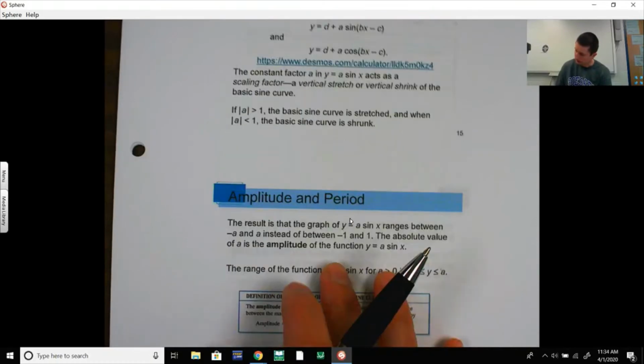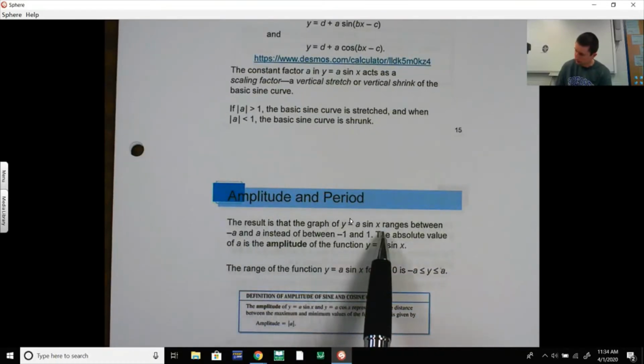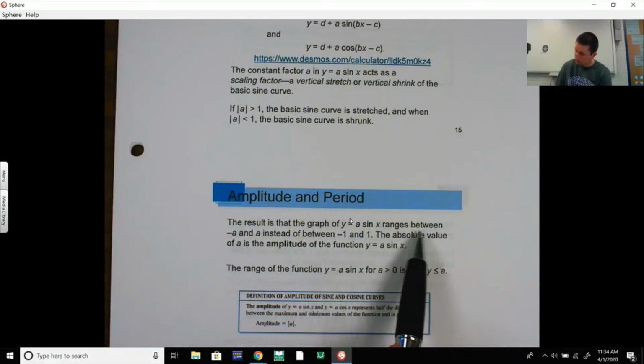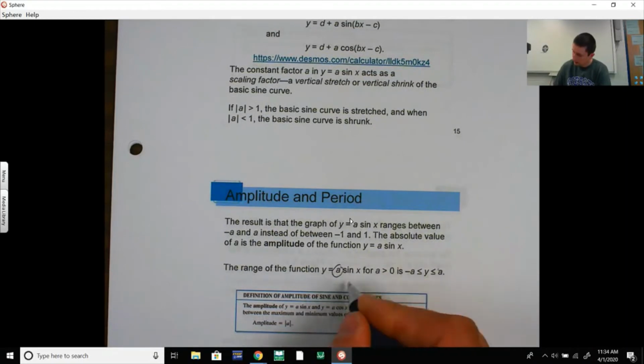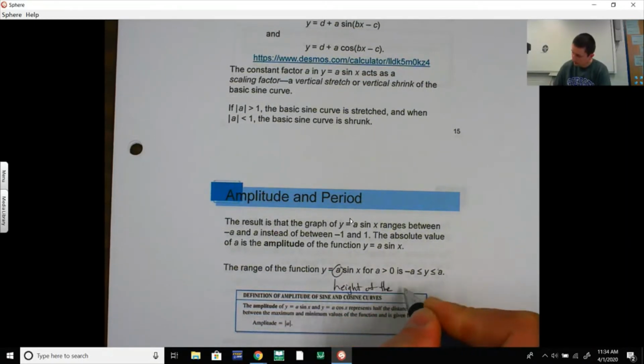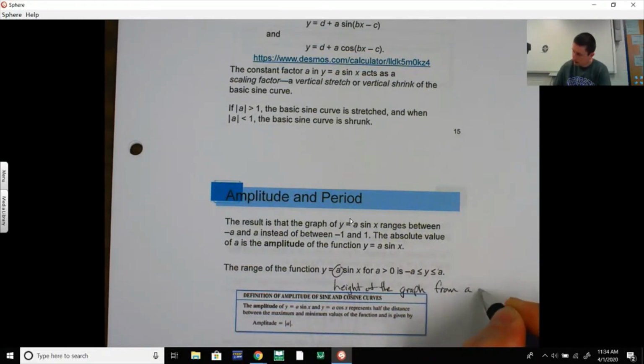So a sine x ranges between the opposite of a and a. The number in front of the sine or cosine tells you the height of the graph from a midline.